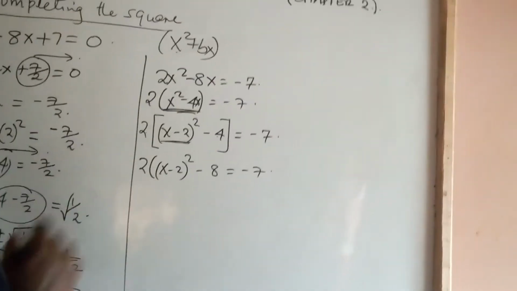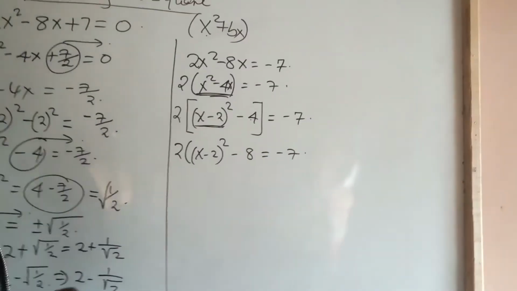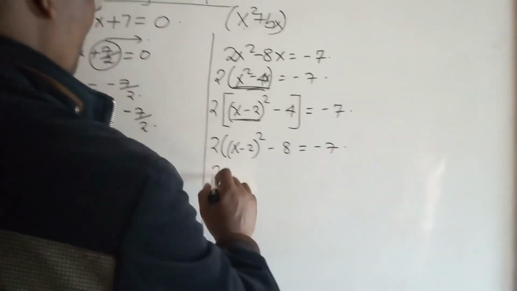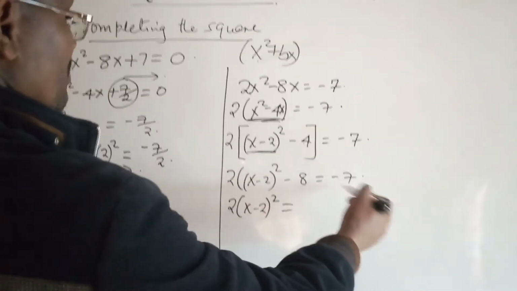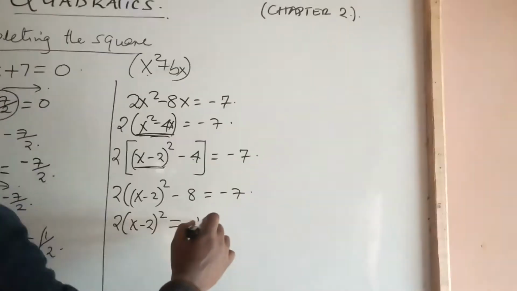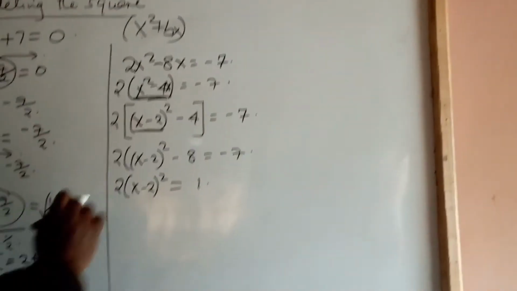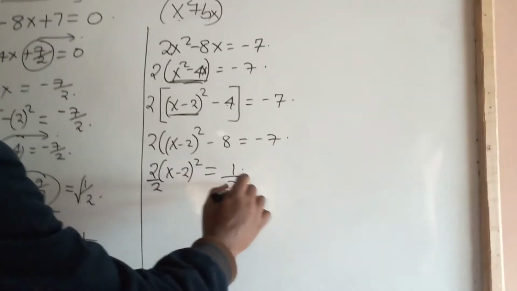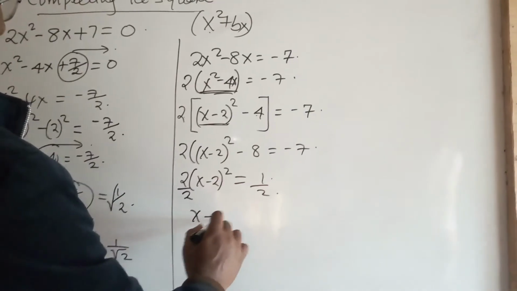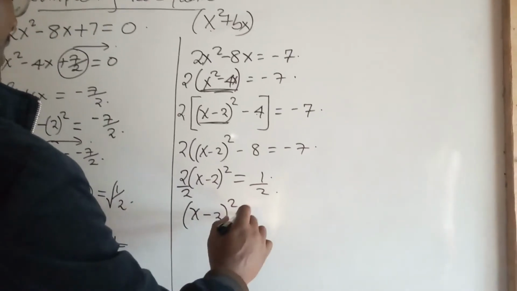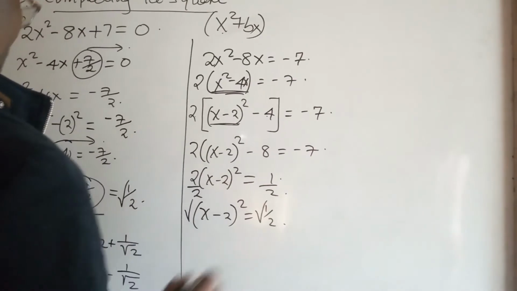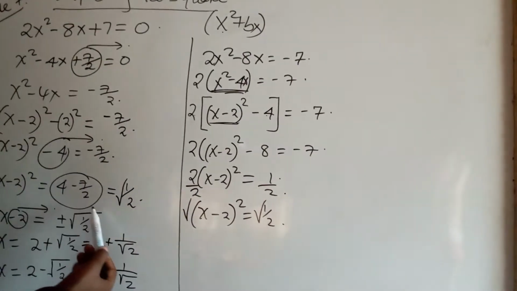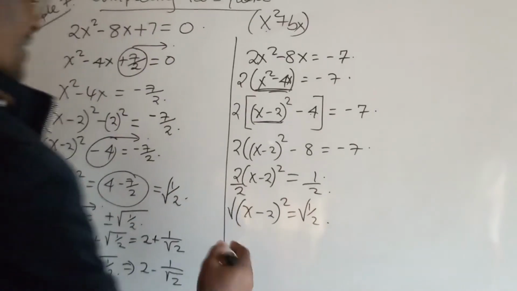On the left hand side, we still have 2 times x minus 2 squared is equal to minus 7 plus 8, which is 1. Now, if you divide by 2 on both sides, then we have x minus 2 squared is equal to a half.